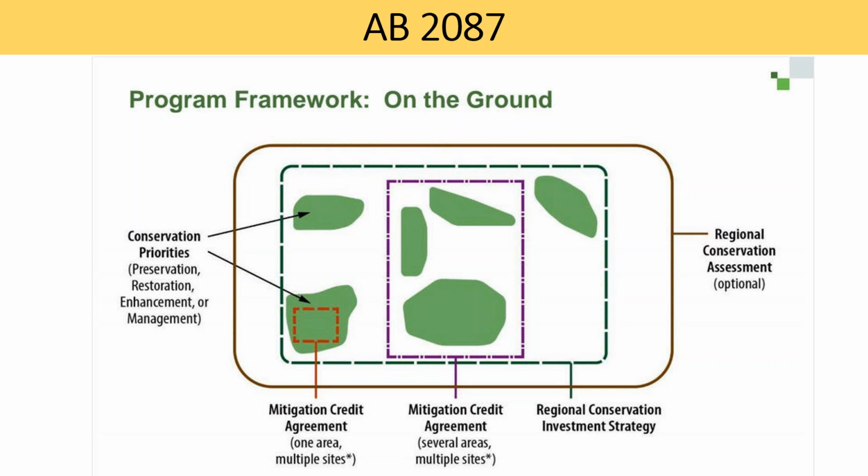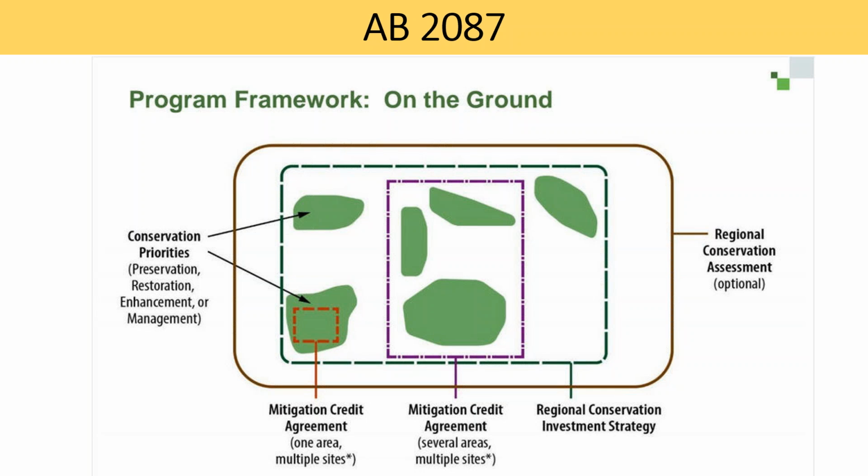Within 2087, it refers to regional conservation assessments, as I said, as optional, but it says where they have been completed, they need to be taken into account in terms of how they were used to develop the regional conservation investment strategy. So part of what we're trying to address here is to provide a standard context that would go into an RCIS, on the one hand, with a full realization that they're really important for a lot of other planning activities at the county level, land trust level, and on and on.